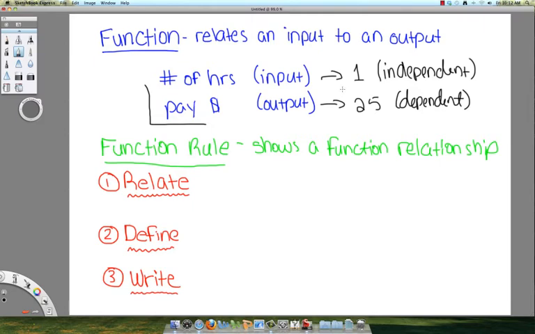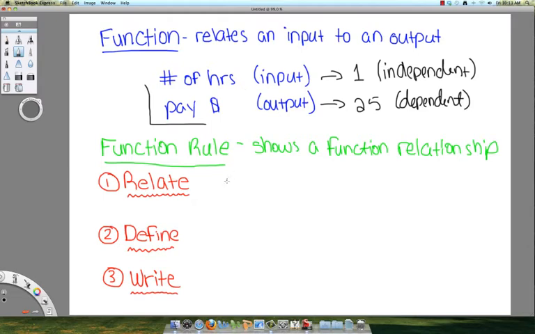That's always the first thing that happens, your independent variable. Your dependent variable isn't the $25, it's the output. It's how much money you make. Because if you work 3 hours, you're not making $25. What are you making? $75. So your dependent variable is going to be your pay, and your independent variable is going to be the number of hours you put in.